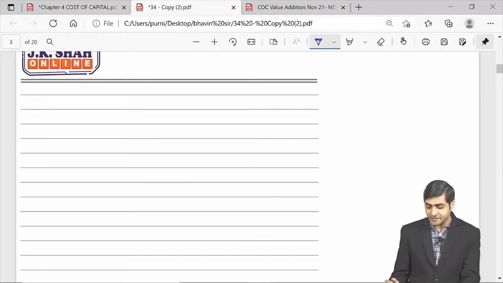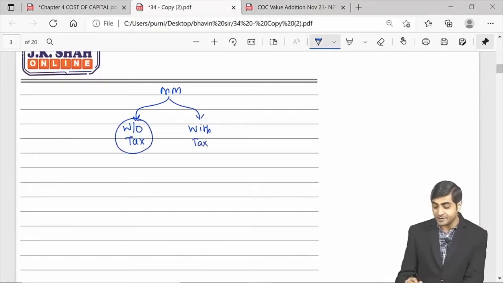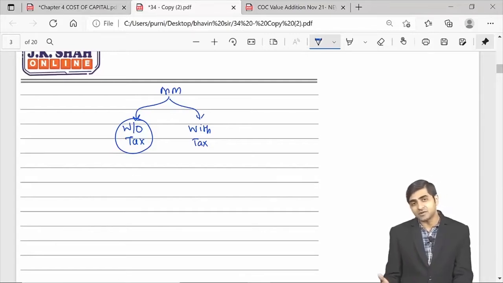First of all, you have to understand that the approach can be of two types, without tax and with tax. So first, let us discuss without tax. In this without tax approach, the value of firm will be constant and your KO will also be the same because of the arbitrage process.